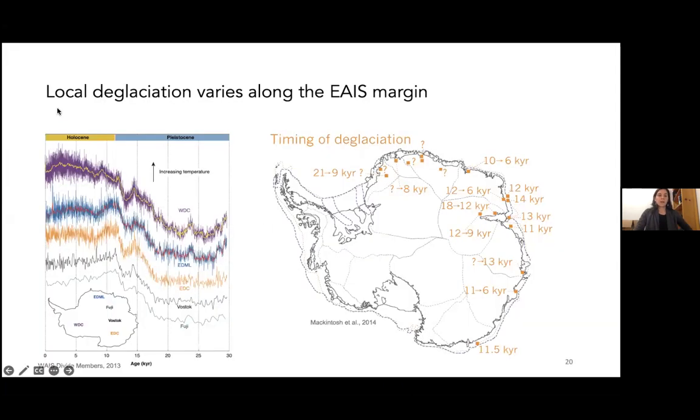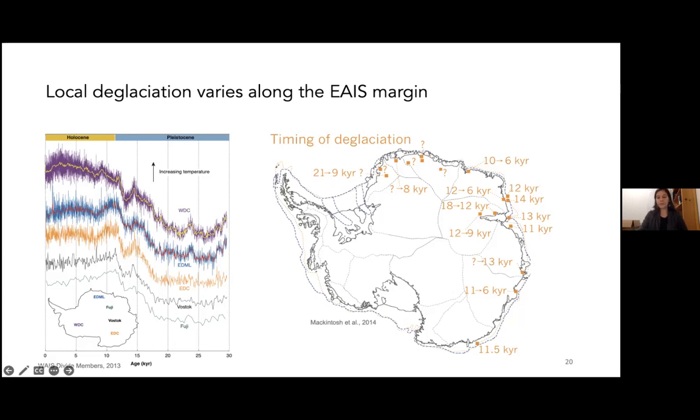Okay. So local deglaciation varies along the East Antarctic margin. You can see timing anywhere as early as 21,000 years, all the way up to 6,000 years. So it varies quite a bit along this margin, and that has implications for identifying an East Antarctic source for some of these meltwater pulses, or maybe constraining the forcing of sea level or other climate factors on the retreat of this region.